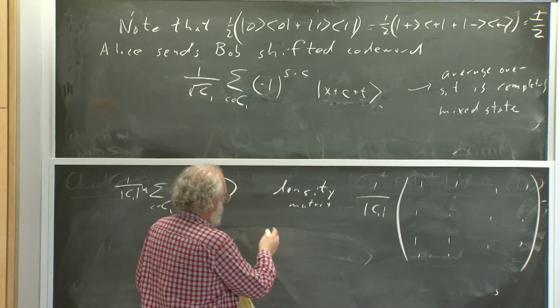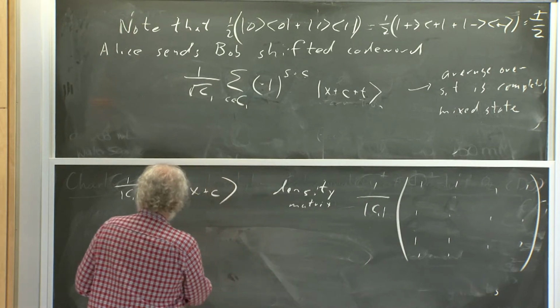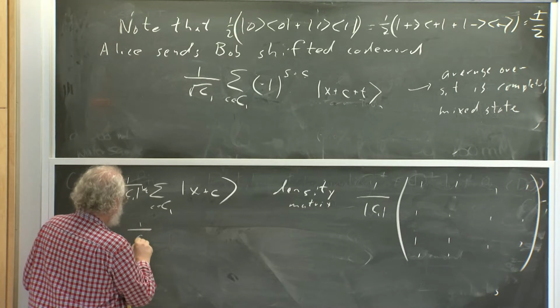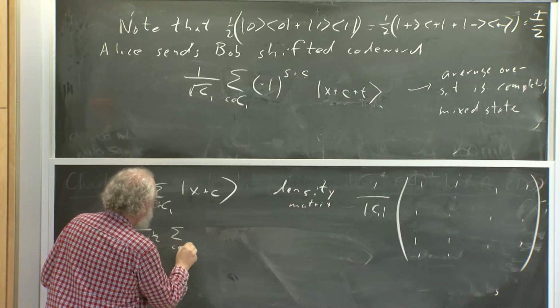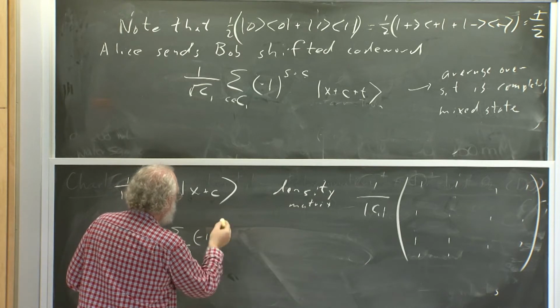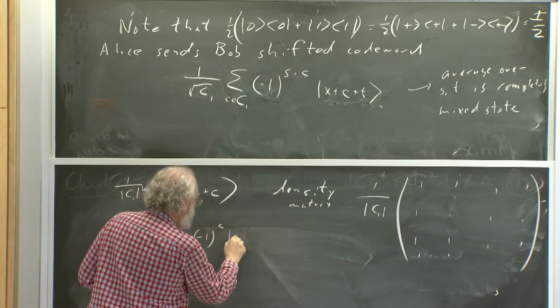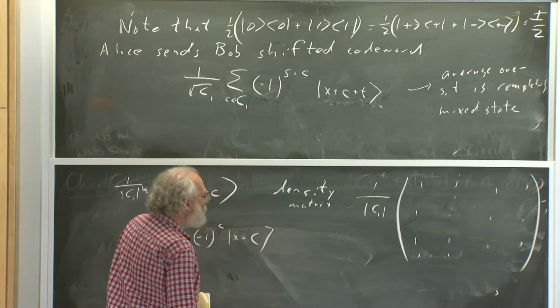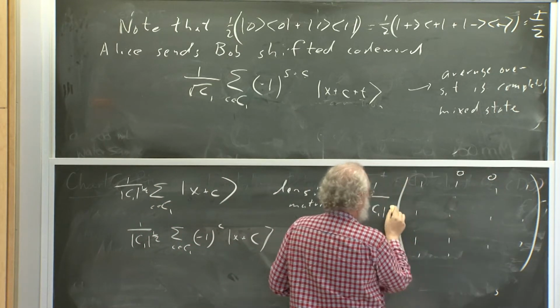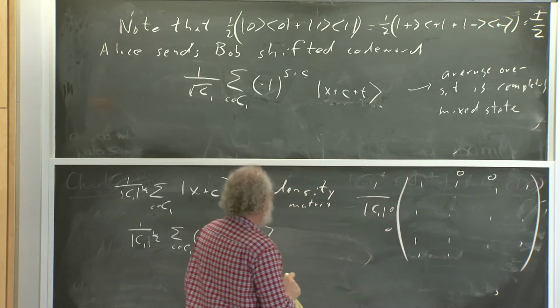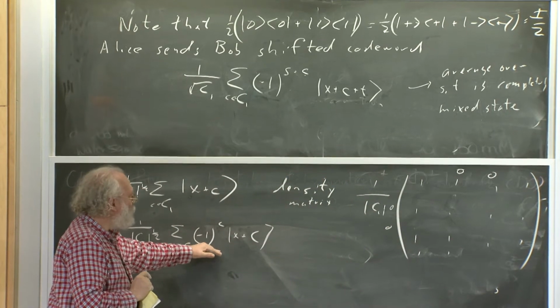So now you change that to 1 over the square root of C1 times summation over C in C1 of minus 1 to the C, X plus C. What happens is you have some columns and some rows where you multiply them by minus 1.